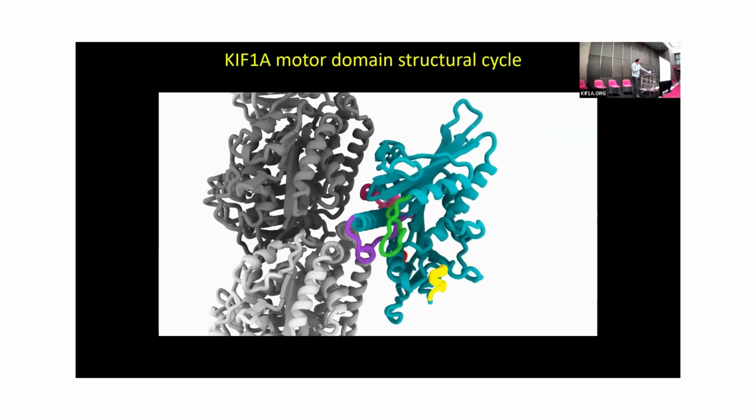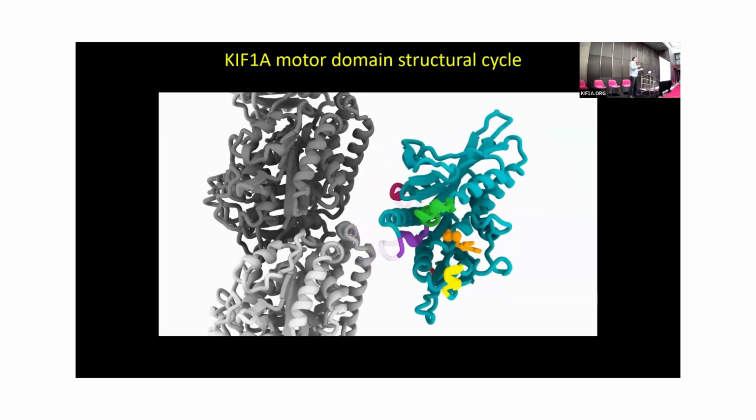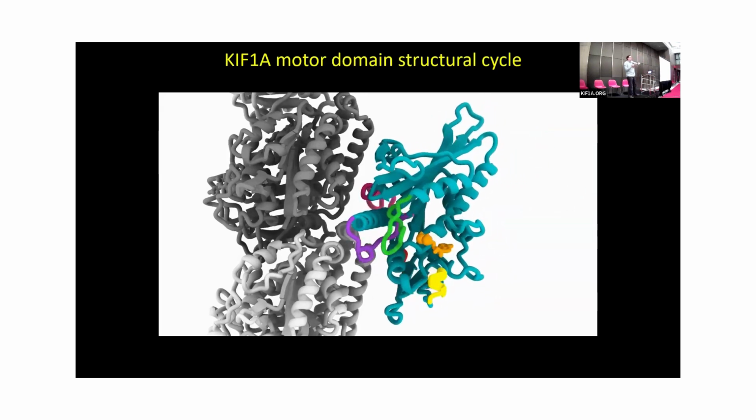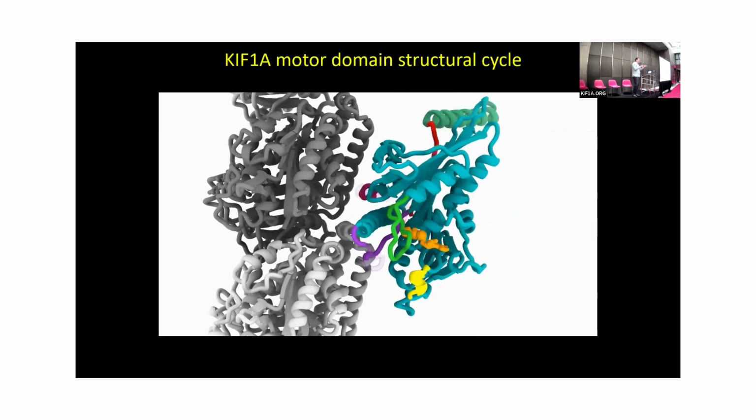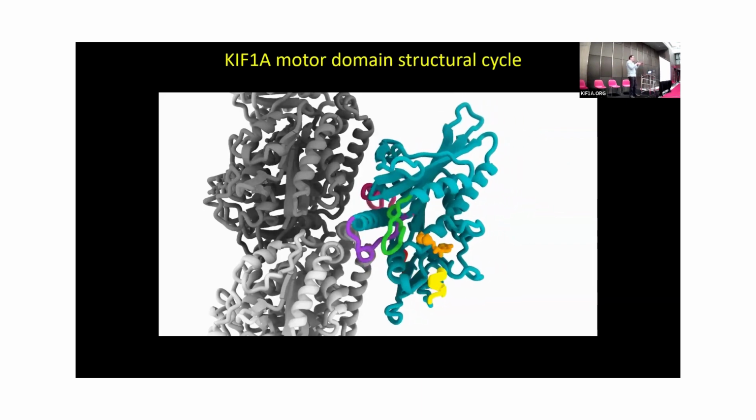And then when you see this little R moving in the back, this is actually what moves the other head forward. So that's the forward movement that happens when the ATP molecules bind. So these are the cycle of conformational changes that each head goes through as it walks along the microtubule.